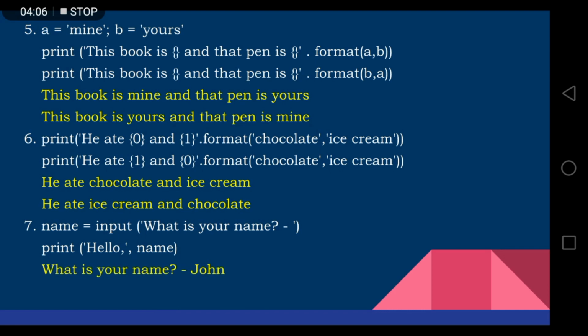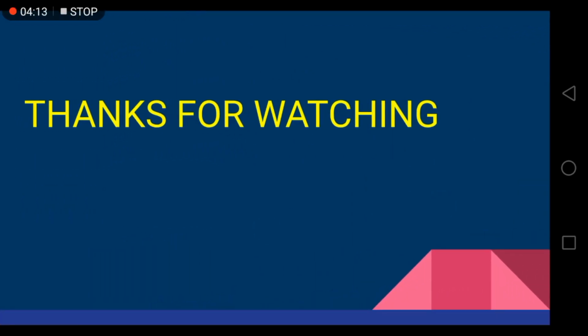When I give the name as John, it gives us hello John. So this is how the different print statements are used to print values in different formats, and the import function helps to import pi and the remainder function. That's all the simple examples for how to use the input and output statements as well as the import function. Hope it is easy and simple to follow, and thanks for watching.